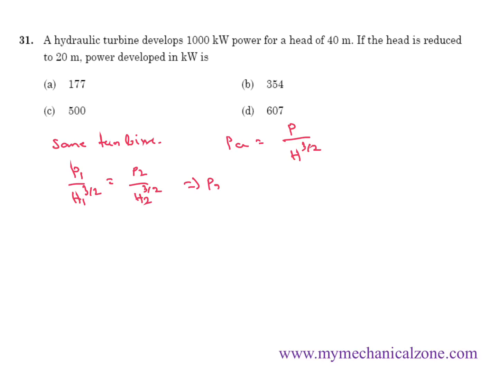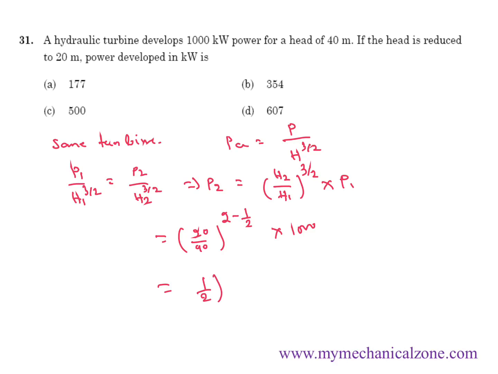So from here P2 equals H2 by H1 to the power 3 by 2. 3 by 2 you can write as 1.5, and 1.5 is 2 minus 0.5. So we will write H2 by H1, which is 1 by 2, into 1000. 1 by 2 to the power 3 by 2 is 1 by 2 root 2, into 1000.